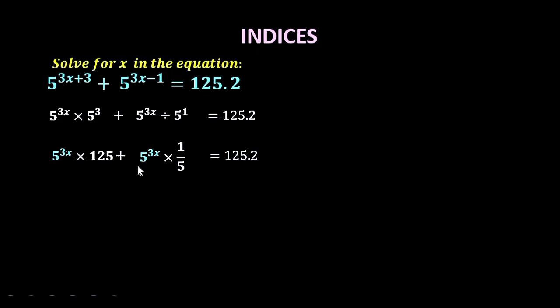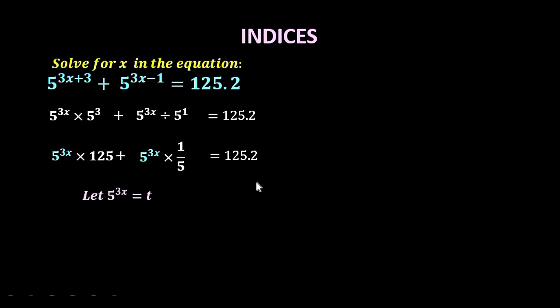So at this point, we can note that 5 raised to 3x is common to this term and this term. So having realized that, we can let 5 raised to 3x be some letter. So we are going to do substitution. Let 5 raised to 3x be, for example, t.